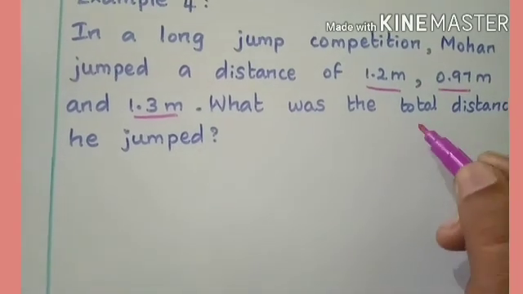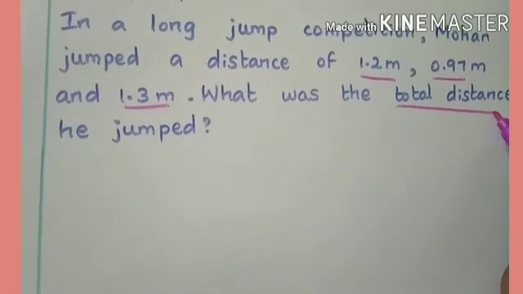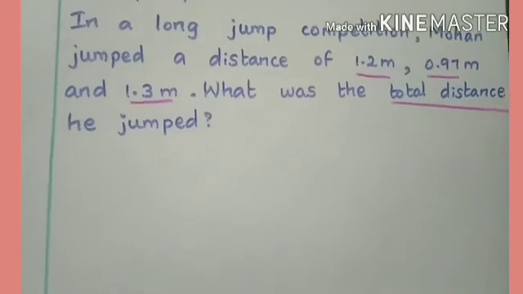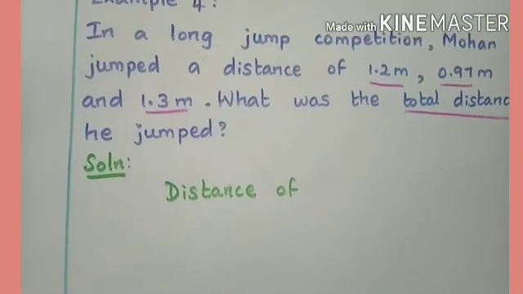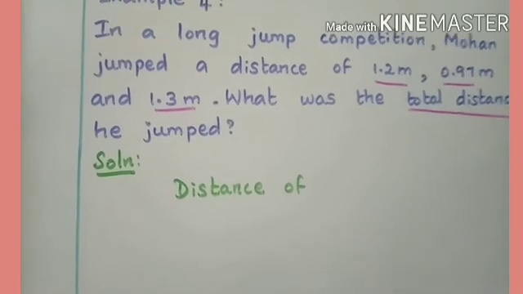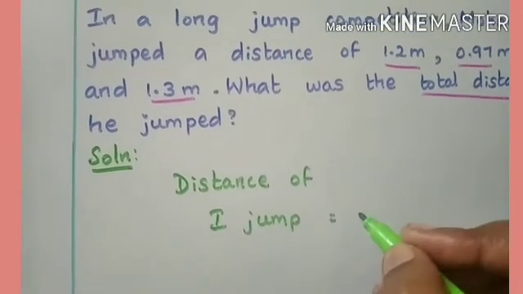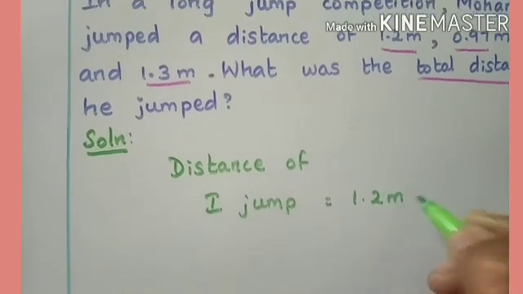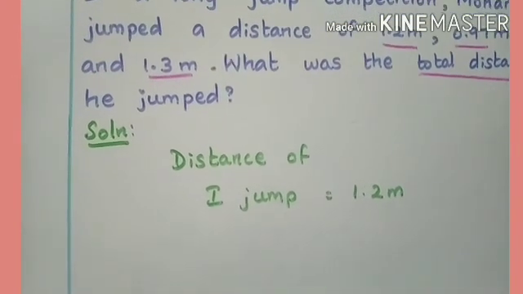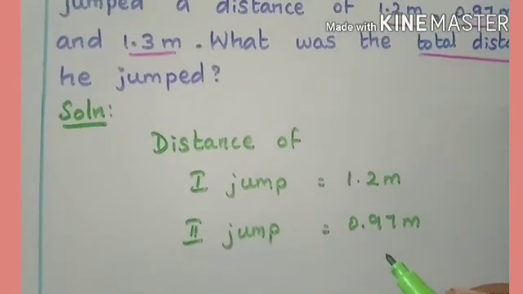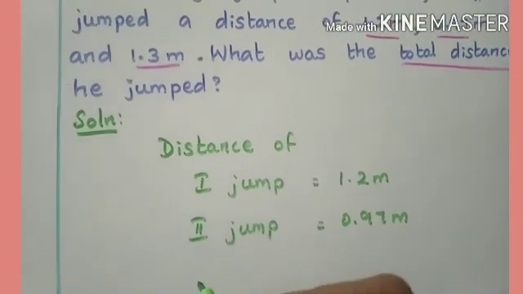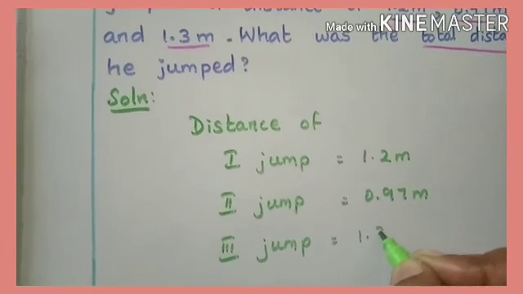Here we have to find the total distance. So add the distances he jumped. Let's write distance of first jump is equal to 1.2 meter, distance of second jump is equal to 0.97 meter and distance of the third jump is equal to 1.3 meter.